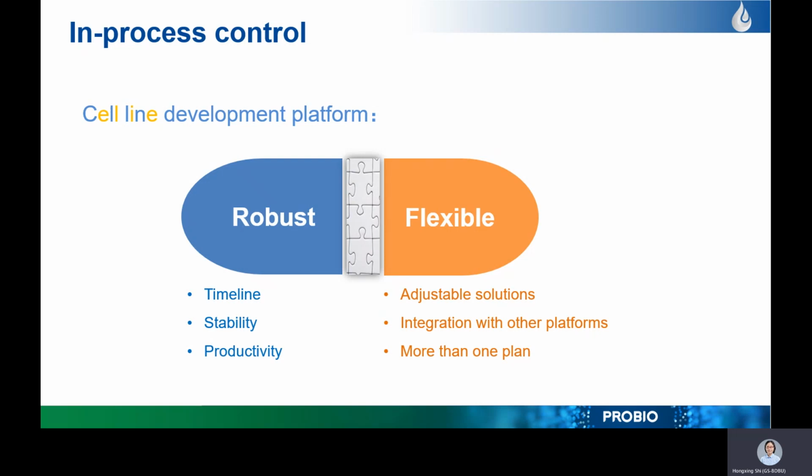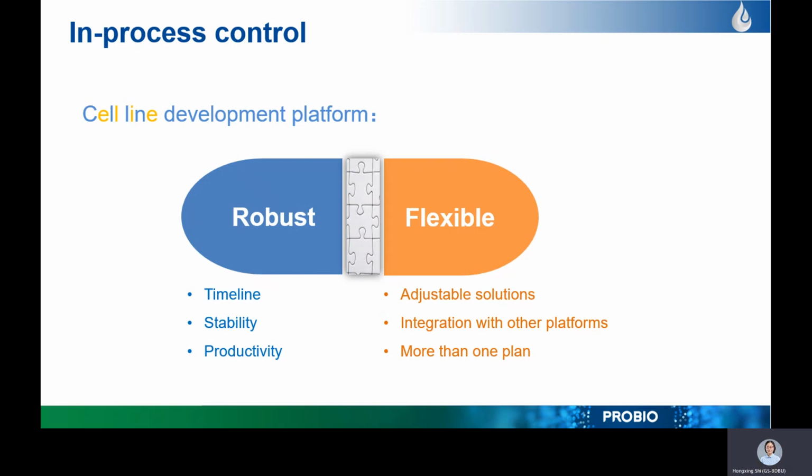The robustness of the cell line development lies in its ability to ensure the quality of the cell line, and the flexibility lies in the fact that the development process can be adjusted according to the changes in the needs of the project, and it will not affect the main line of cell line development.